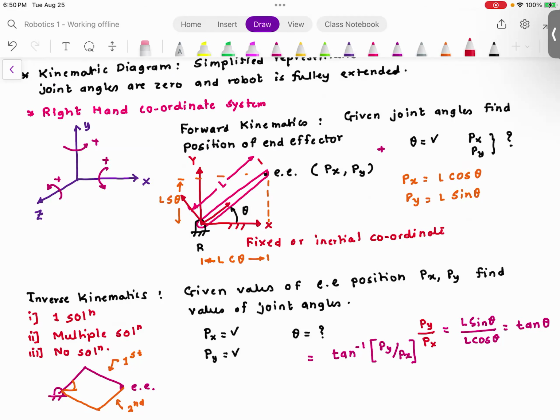Whenever you are studying robotics, you are trying to understand how these coordinate frames are moving with respect to each other. When you study Robotics 2, which is aerial robotics, again you are going to have coordinate systems. So you want to study how these coordinate systems rotate or translate or move with respect to each other. We are going to spend some time in understanding the coordinate systems and their rotations.